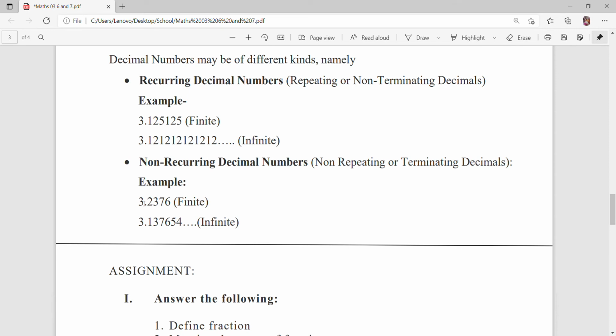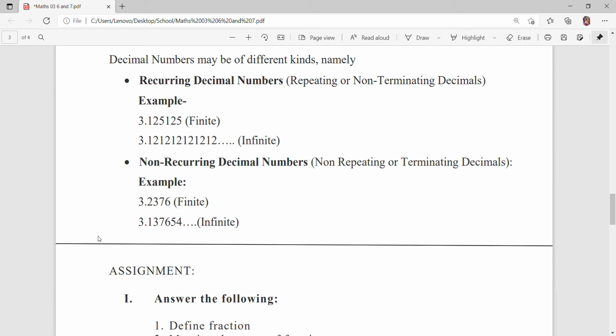We can read 3.2376. So here no one digit is repeated. No number or digit is repeated, right? So it is finite. Nothing is repeated, so it is a non-recurring decimal number.